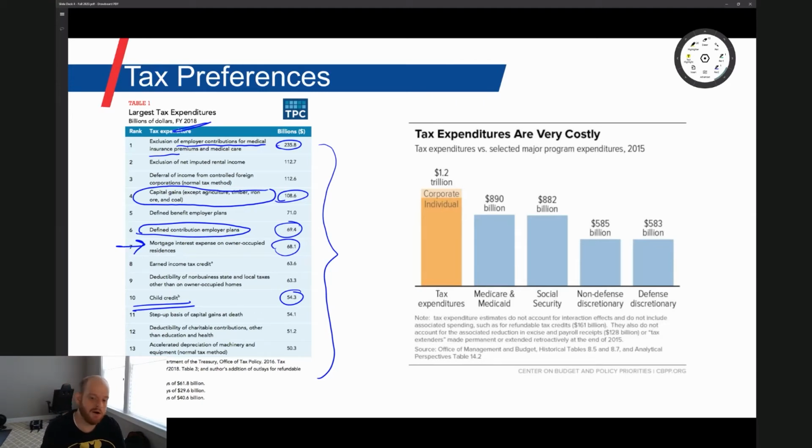So as you can see, all of these are different types of tax credits where the government is encouraging certain types of activities, and in response, individuals are changing their behaviors or corporations are changing their behaviors, and an outcome of that is a decreased revenue for the taxing authority.